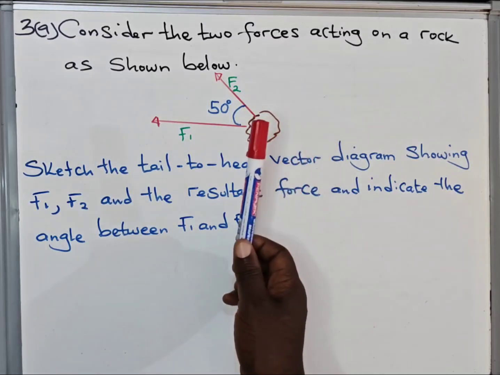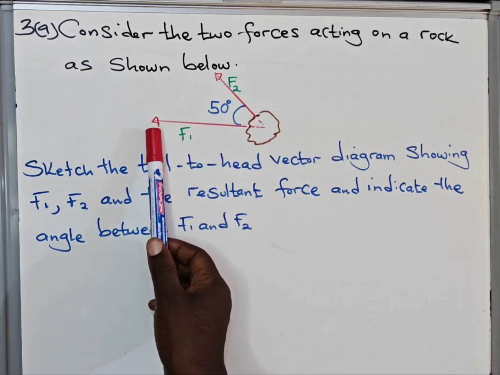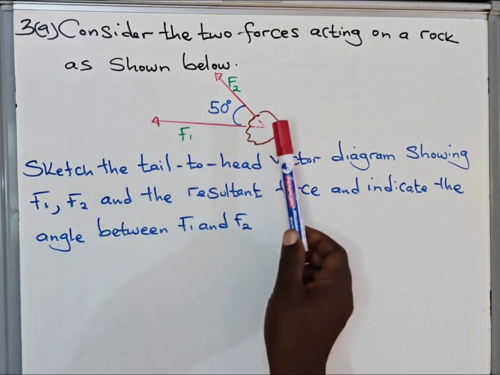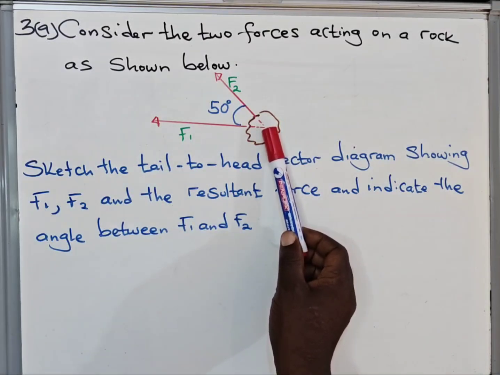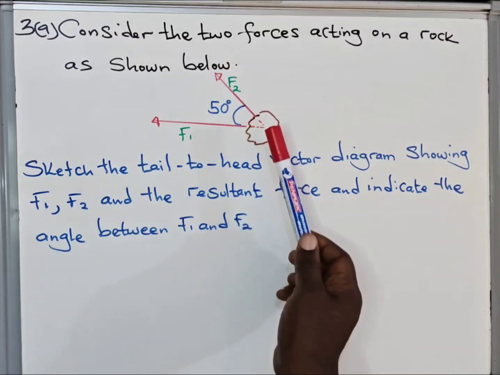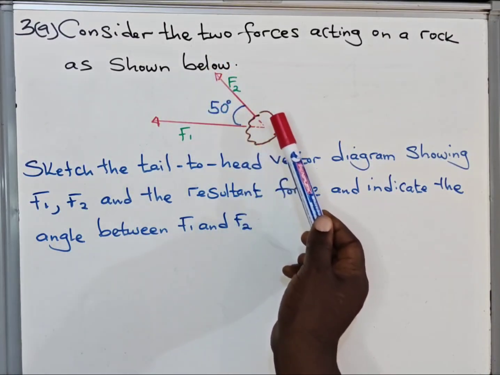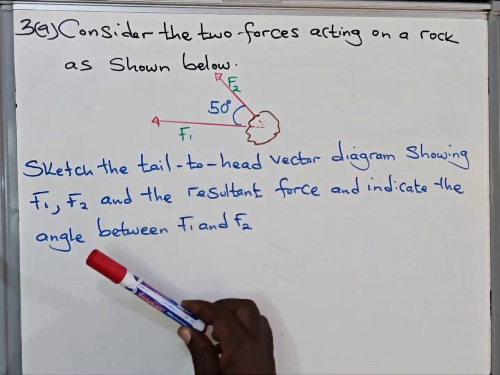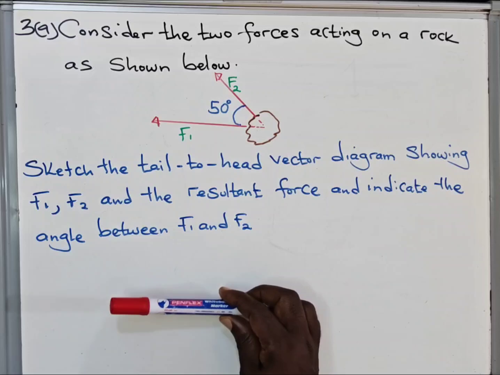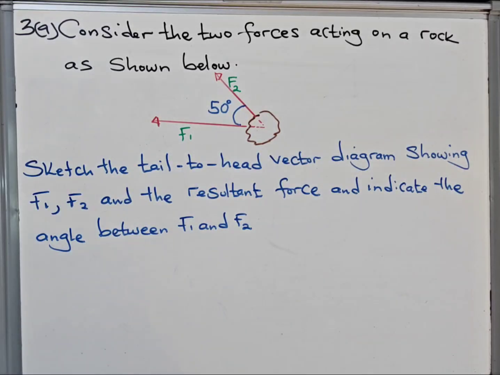I need to remind you that what you have here, where the arrow is the head, and what you have behind that is the tail. The same applies here. So this is the head, this is the tail. So when we say tail to head, the tail must be in contact with the head.